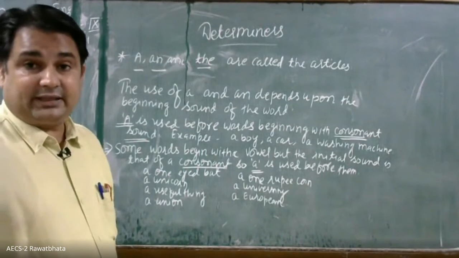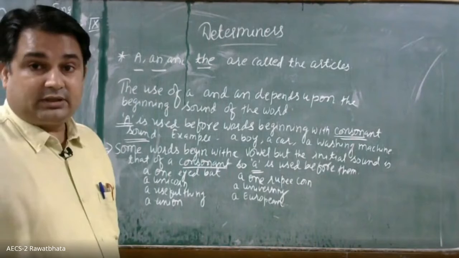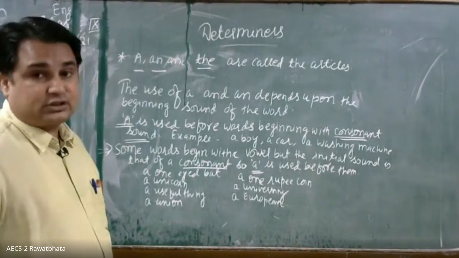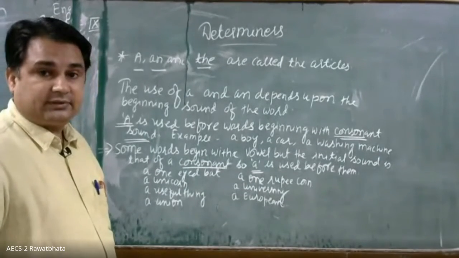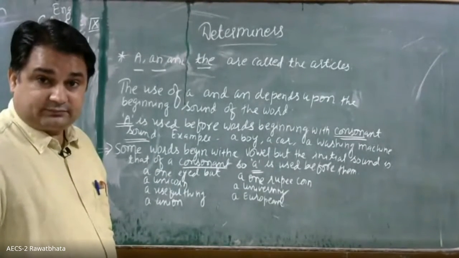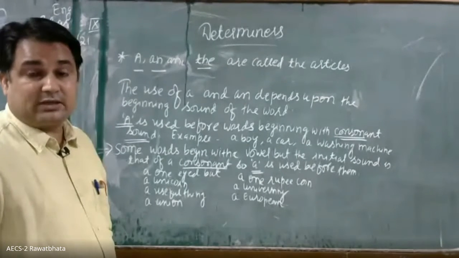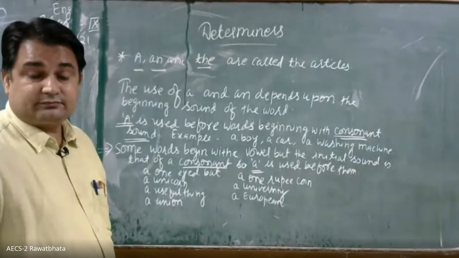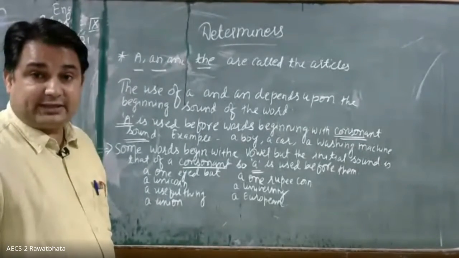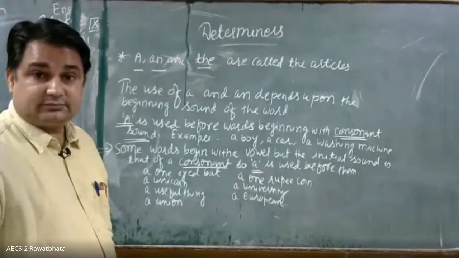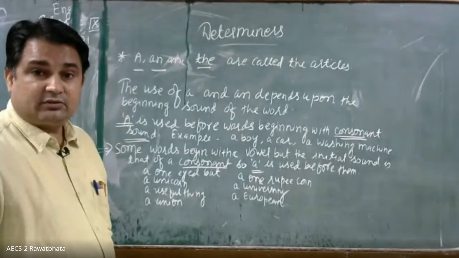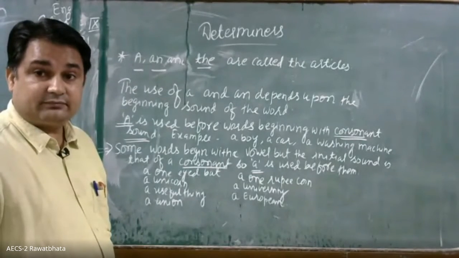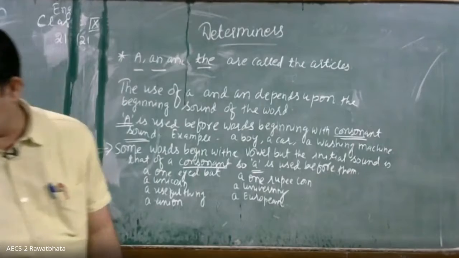All of you write it in your notebook, and then we will discuss the next article, an. All of you have written? Written, sir. Is there any student who has not written? Yes, students. All of you have written? Yes, sir, written.